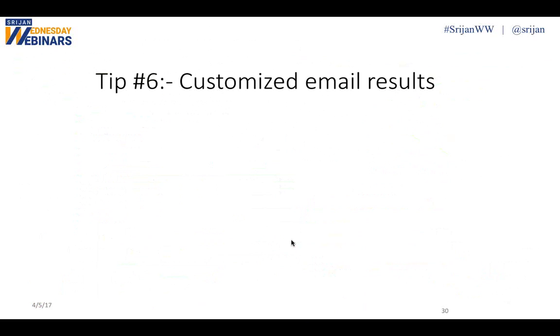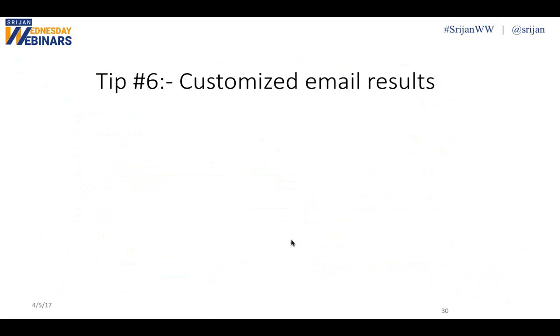Tip number 6 is customize your email results. Now, as I said, let's say you have 5,000 test cases. Don't send the report of those 5,000 test cases in one go to the entire team. Delegate the responsibility. Tell them, for these 100 to 200 or 500 test cases, this person is responsible.